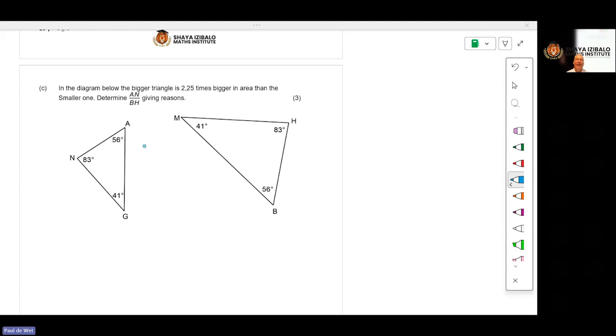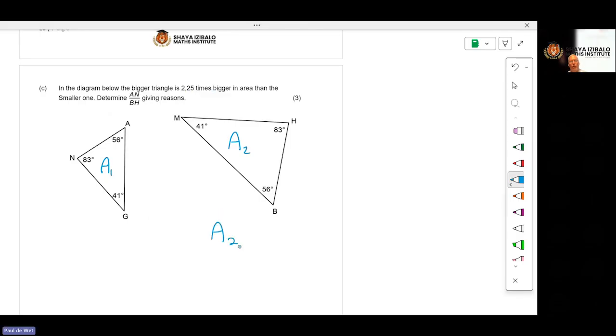Okay, right. Now, are these triangles similar? Yes, they're similar. And we know that area 2 as to area 1 is 2.25.